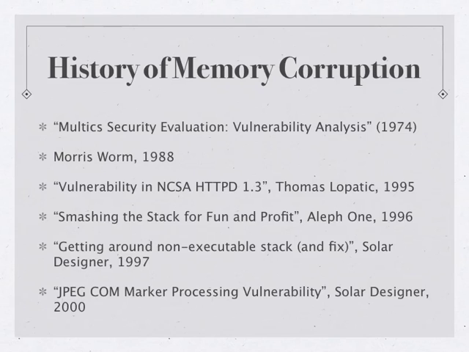But the funny thing is, between that period of time, people kind of forgot about it again, because on Bugtraq, one of the big mailing lists back then, this guy Thomas Lopatic found a vulnerability in NCSA HTTPD, which is kind of the precursor to Apache, and was like, hey, I think I can overwrite the return address, and if I can do that, I think I can point it back into the data that I uploaded, and then it runs it. That's crazy. Check this out. And everyone's like, holy crap, I didn't know you could do that. But the worm obviously did the exact same thing, so they kind of forgot about it.